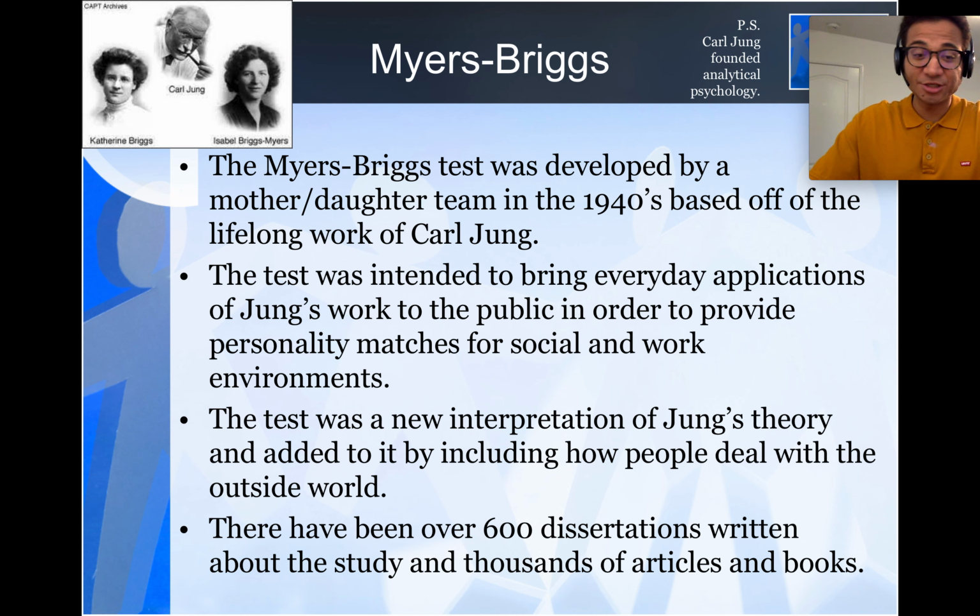There have been numerous dissertations written about it, and articles and books. FYI, a dissertation is the final piece of writing that you have to submit and have accepted in your doctorate program. It's like the last thing that you do. Okay, so that's what this is, Myers-Briggs.